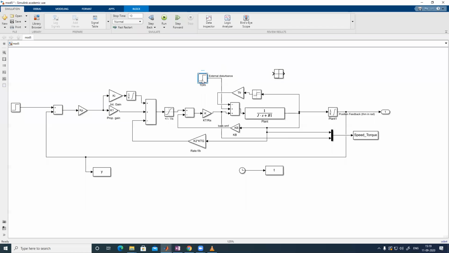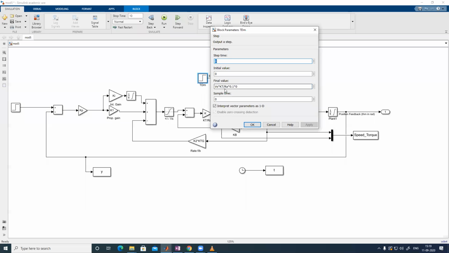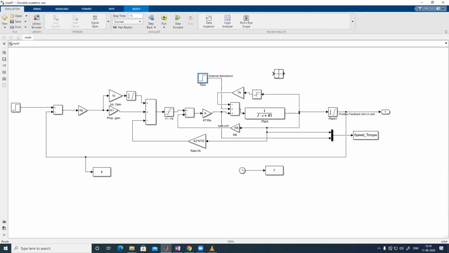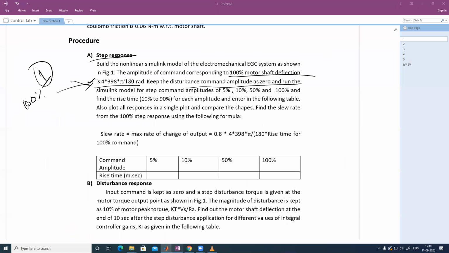So the first time, make the external disturbance 0. Multiplying by 0 means 0 only. That is written here: keep the disturbance command as 0.